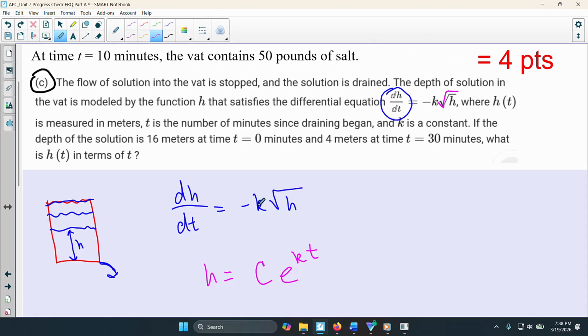It's proportional to the square root of H. So you can't do this. This is definitely something you can't do. So let's erase this. Understand why we can't use that shortcut. We have to do the long way, in other words, separation of variables. So we'll do that in a second. But also along the way, let me point out what you have here.